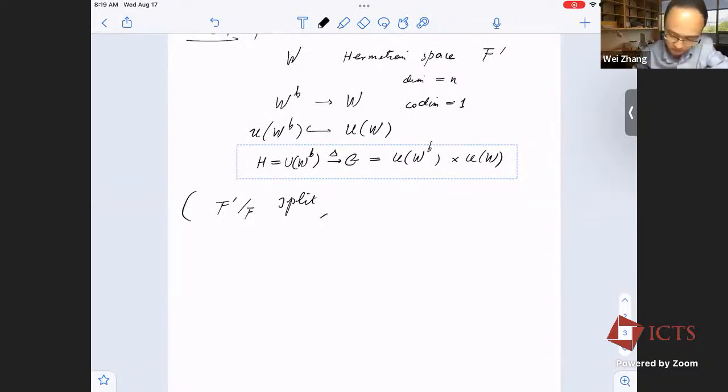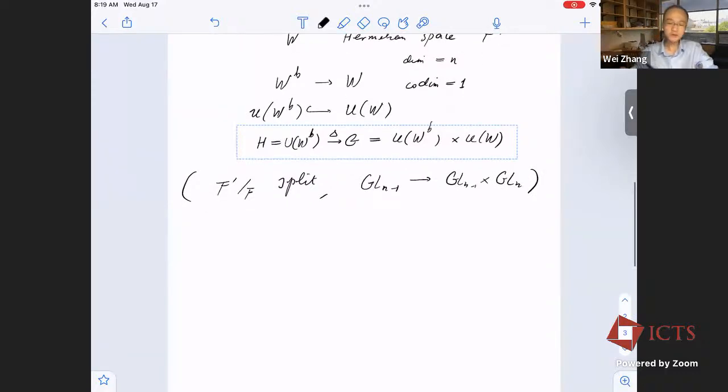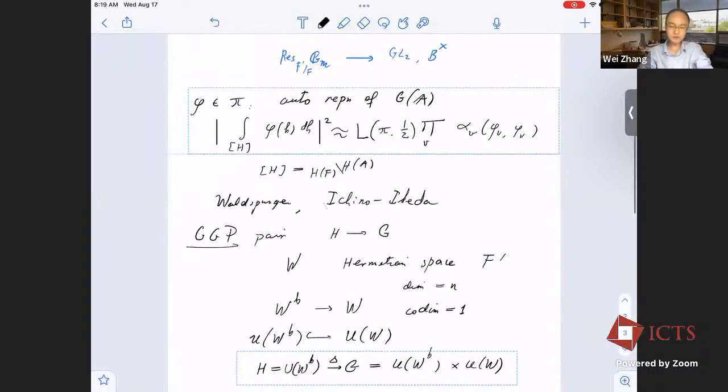In this case, this is the Rankin-Selberg pair, GL_{n-1} embedded into GL_n times GL_{n-1}, which is well known to produce the Rankin-Selberg integral.